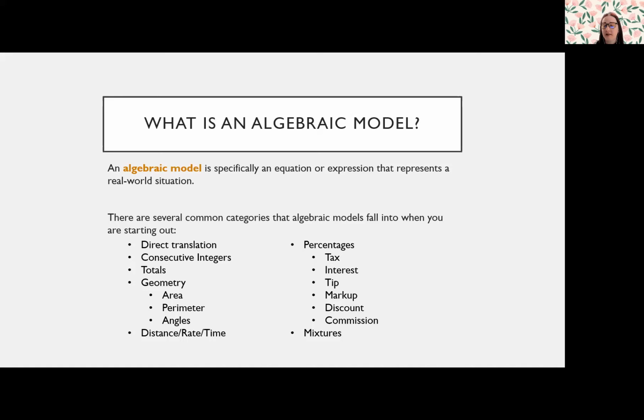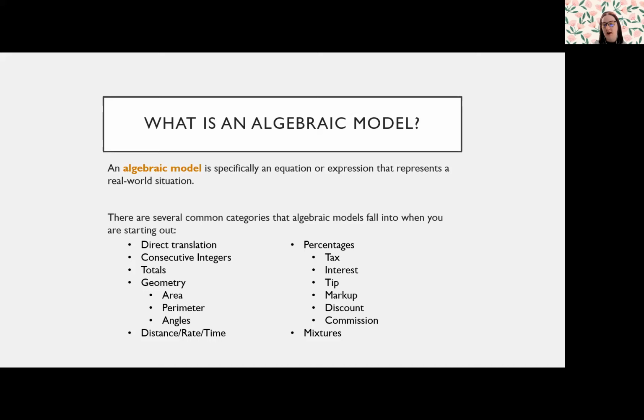There are lots of categories that these fall into, and you'll see these types of problems over and over again. The more you see these types of problems, the more you understand this is how I set it up, and you start finding the connection and seeing that every problem that looks like this gets set up this way, and so on.